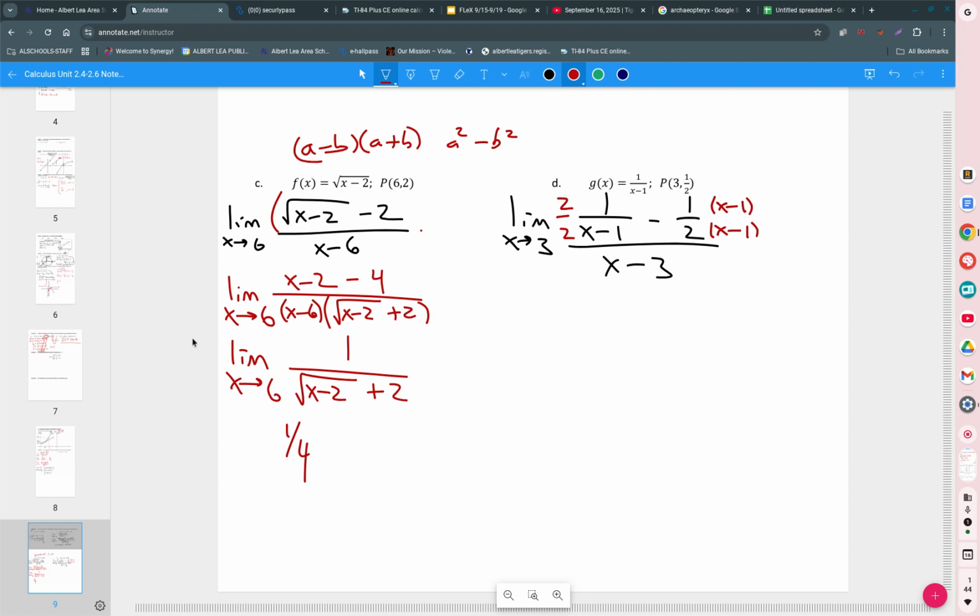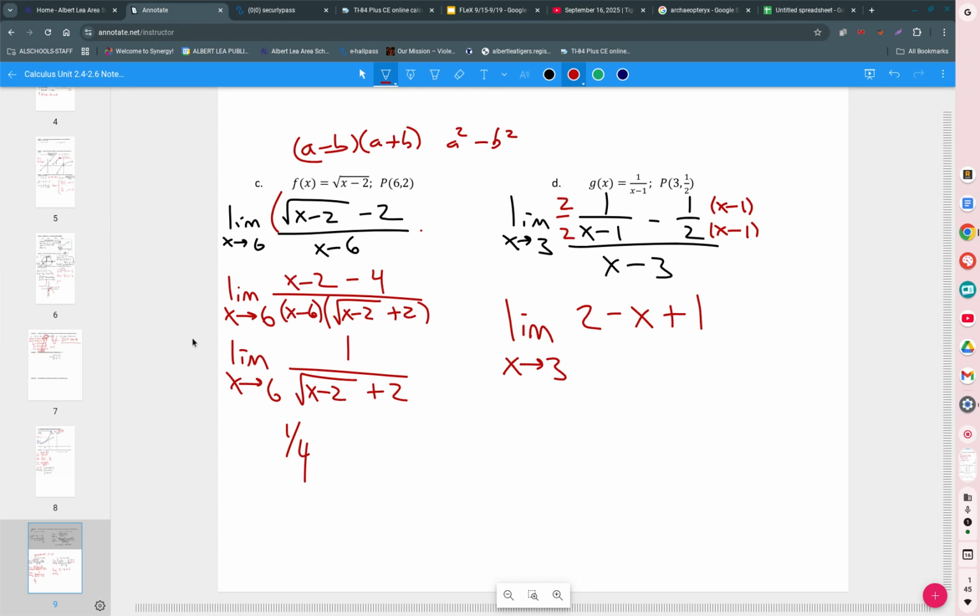Two mistakes, three mistakes that you make on the test: you fail to distribute the subtraction sign through. Notice I get a 2, and then I get a minus x and I get a plus 1.